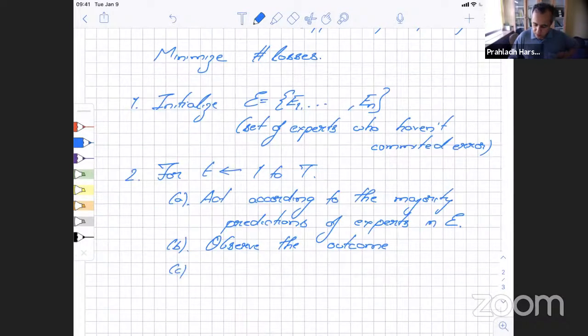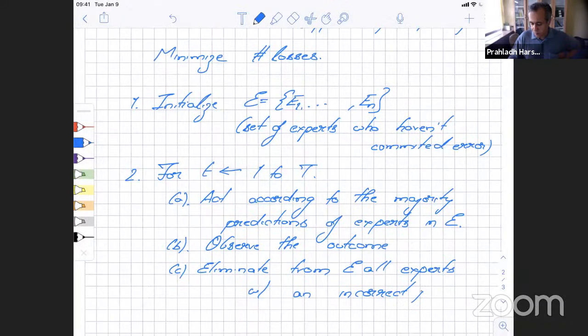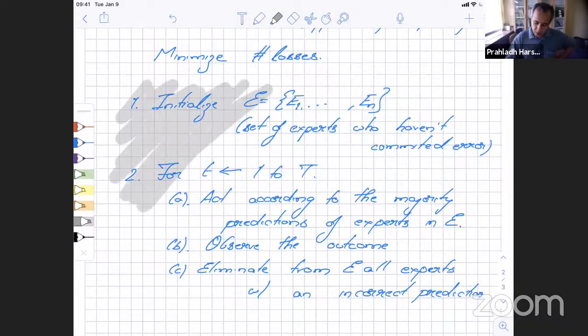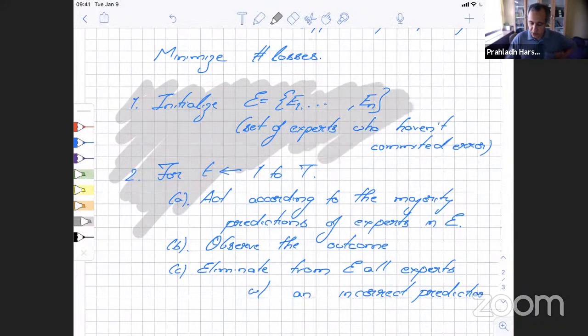Eliminate from E all experts with an incorrect prediction. So that's the basic algorithm we're going to be working with. Is the algorithm clear? I've just written in elaborate English whatever Varun said.